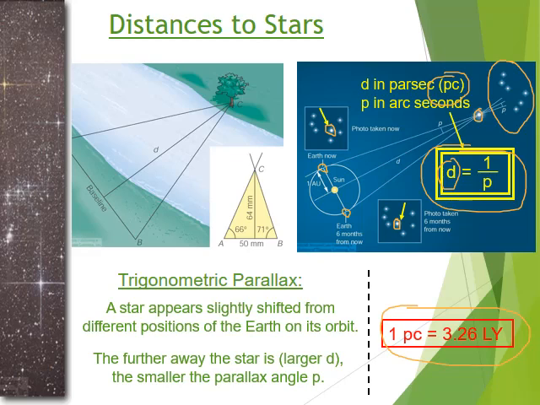But the distances can even get large when you start talking about light years, and therefore we need a new measuring stick, and the new measuring stick is the parsec. 1 parsec is equivalent to 3.26 light years. That's how far away a star would be that shows 1 arc second of parallax shift. That star would have to be 1 parsec away, otherwise known as 3.26 light years.